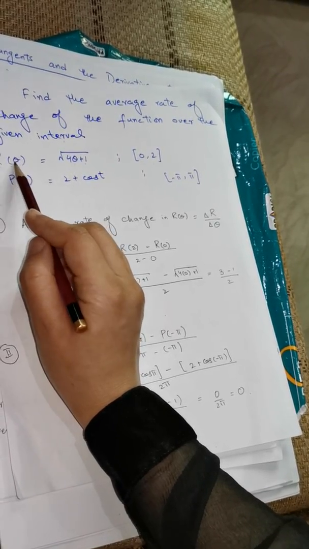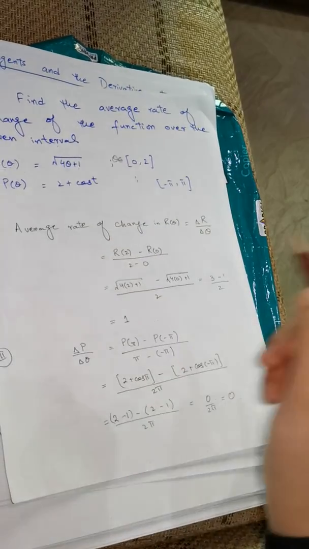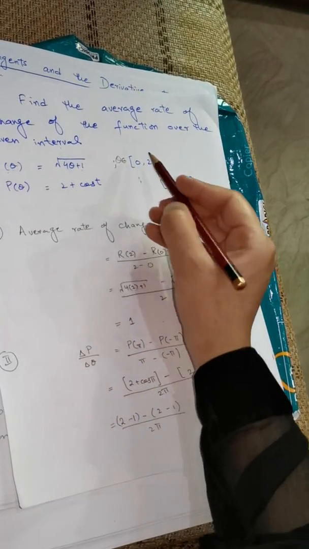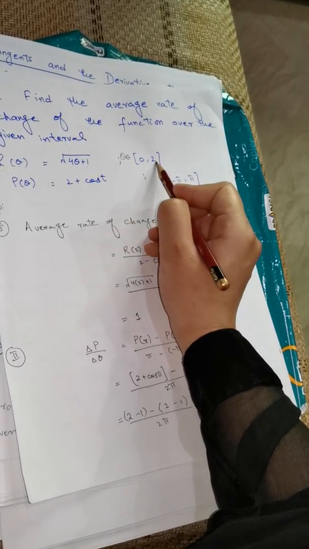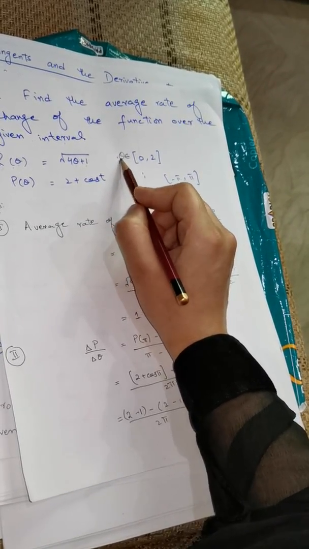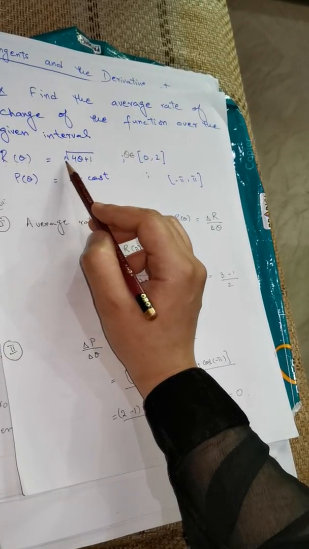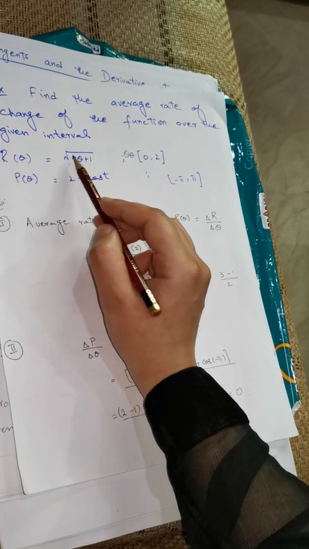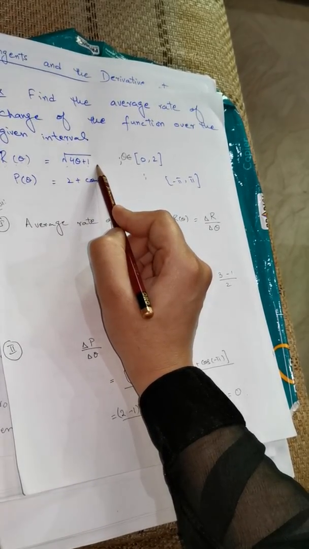So this one is the theta value. Theta belongs to 0 to 2, so 0 is the initial value of theta and 2 is the final value of theta, and r of theta is defined as the square root of 4 theta plus 1.